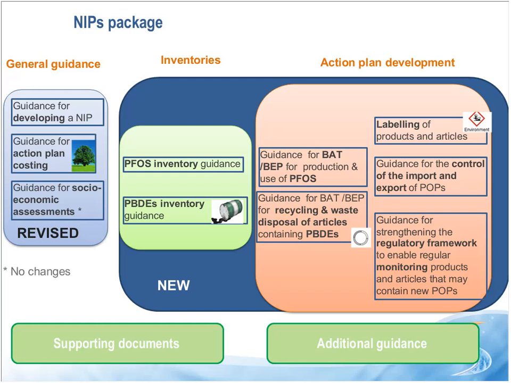If I may, I will go back to the general guidance, the part in the presentation that relates to the block in the left. In there, you will find 3 main documents. The first one used to be called Guidance for Developing a National Implementation Plan. Now this document is called Guidance for Developing, Updating, and Reviewing National Implementation Plans.